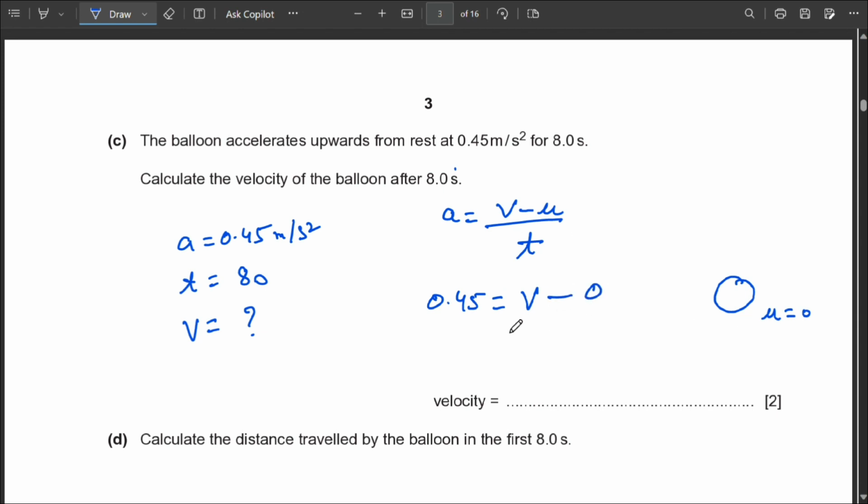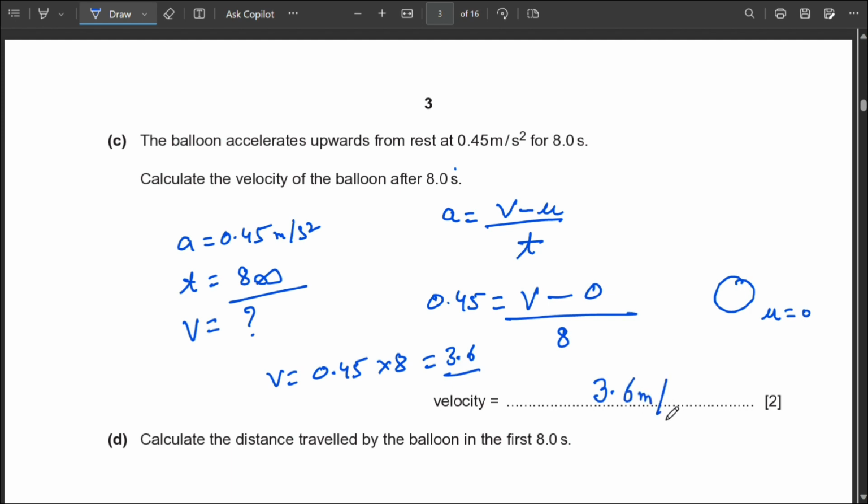This is 0, and time is 8 seconds. So the velocity will be 0.45 times 8. If you do this in your calculator, 0.45 times 8 will give you 3.6. Hence the final velocity after 8 seconds will be 3.6 meter per second. That's the final velocity.